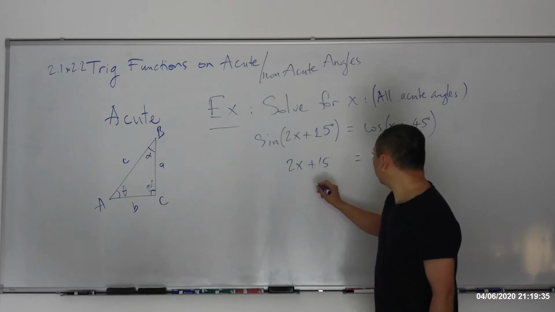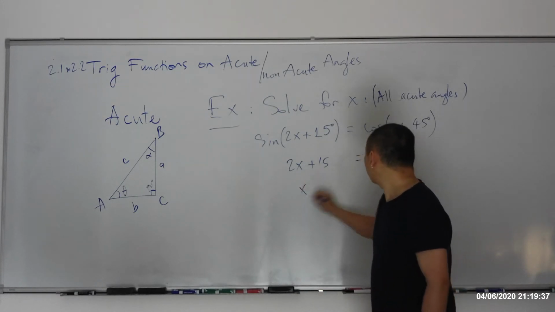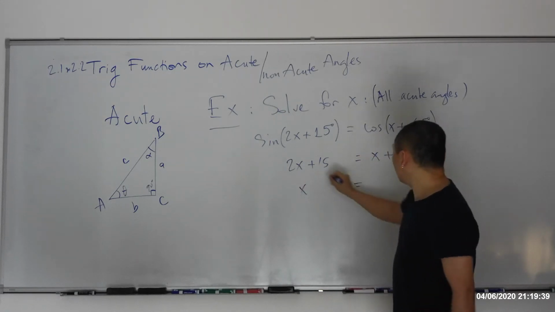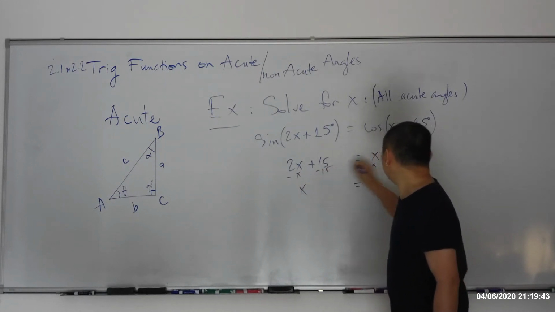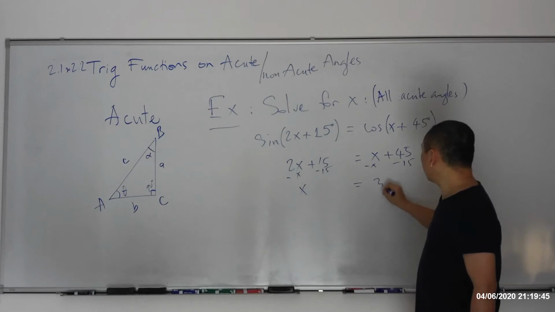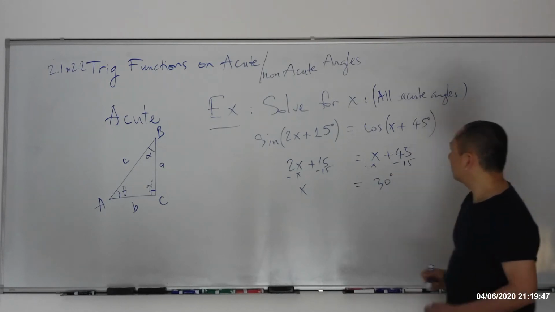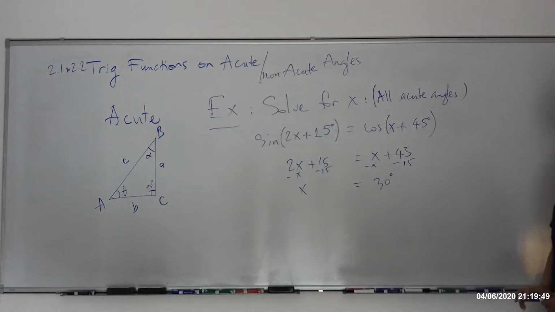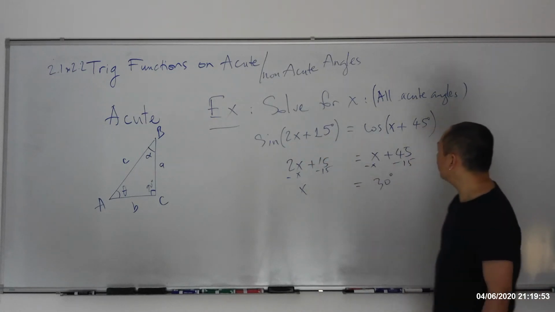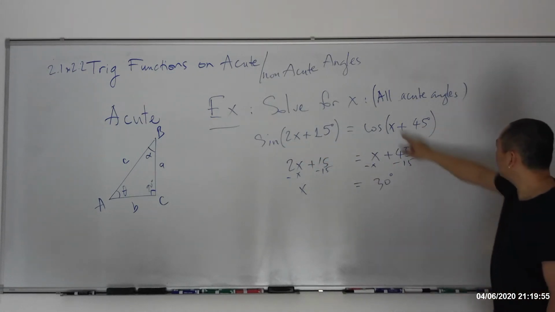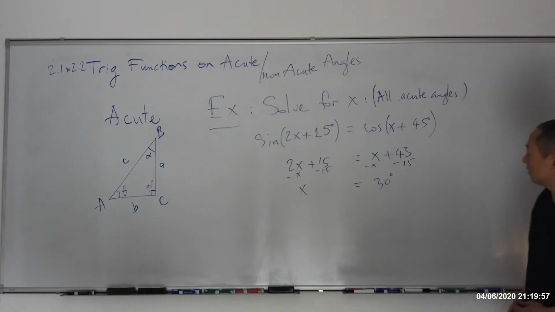Subtract the x on both sides, subtract the 15 on both sides. We get x equal to 30 degrees. So look at it. 30 times 2 is 60 plus 15 is 75. 30 plus 45... Is that right?